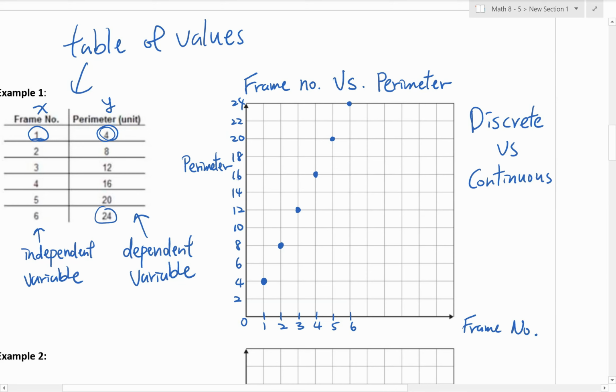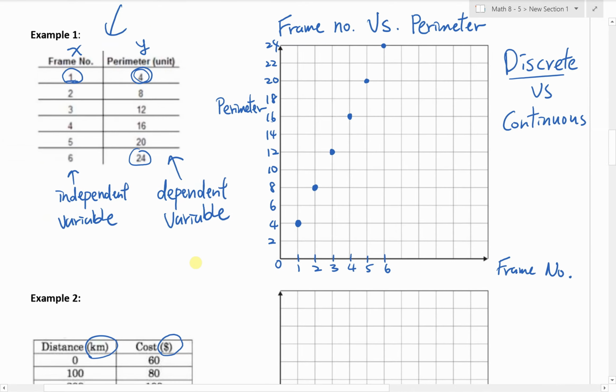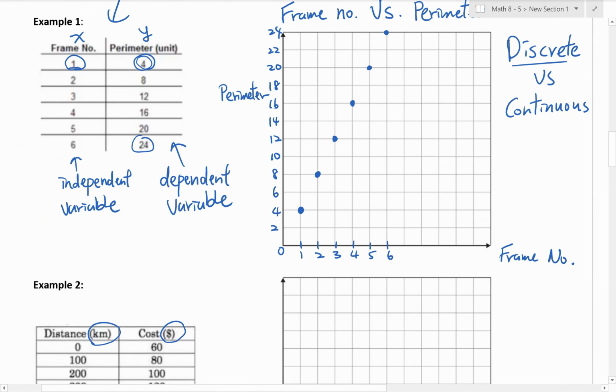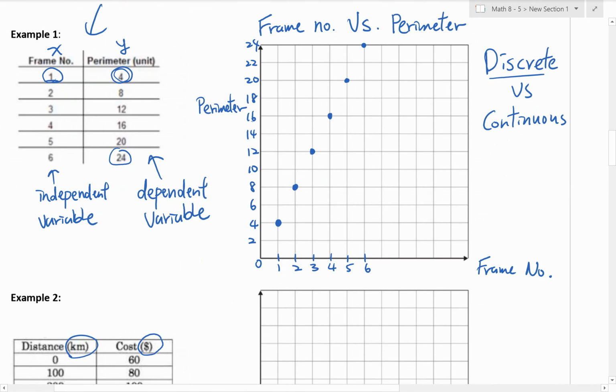So 1, 2, 3, 4, 5, 6, 7, 8, 9, 10, or even 0. But you can't have 5.62357 frames. So in that case, it's called discrete, and we don't join the points. If it's continuous, then we could. Maybe we'll see some examples of continuous data in a second.